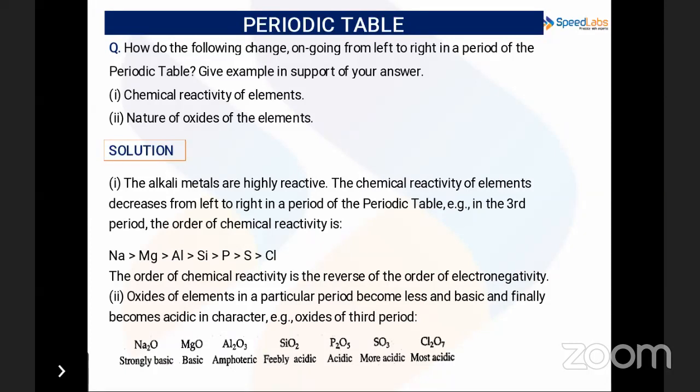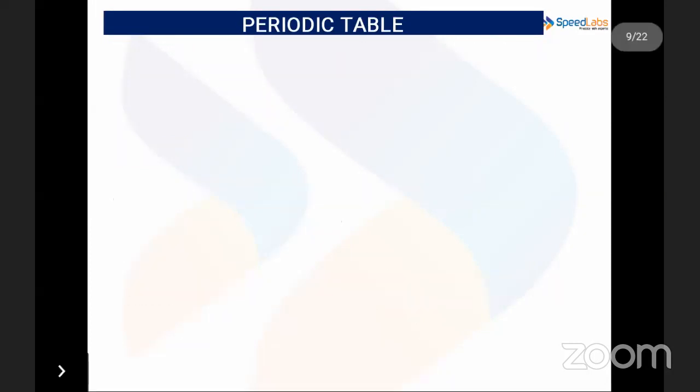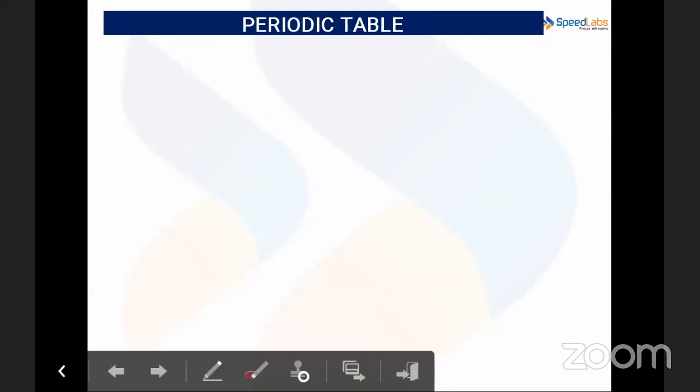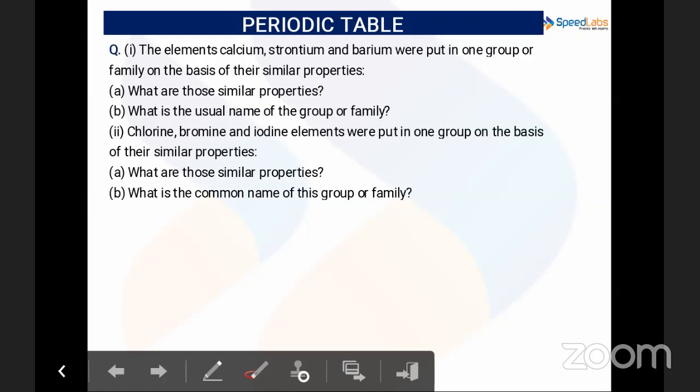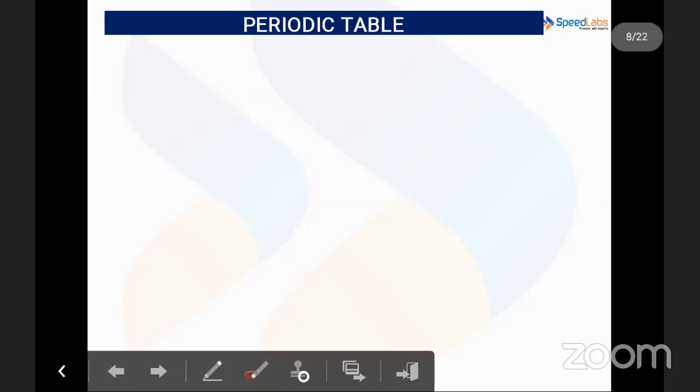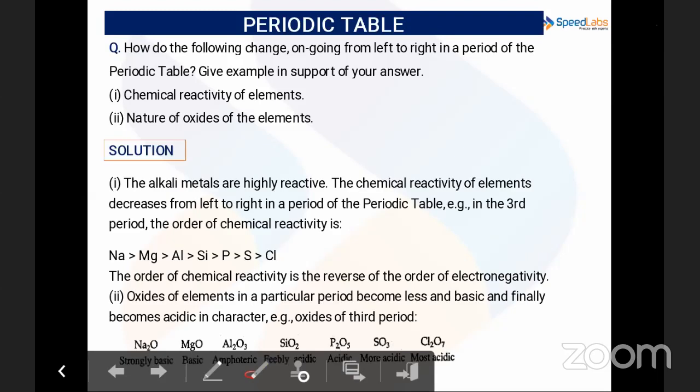So as an example, here they have given the third period. Now the question is, which elements come in the third period? Sodium, magnesium, aluminium, silicon. So sodium will be highly reactive compared with chlorine, right, from left to right.